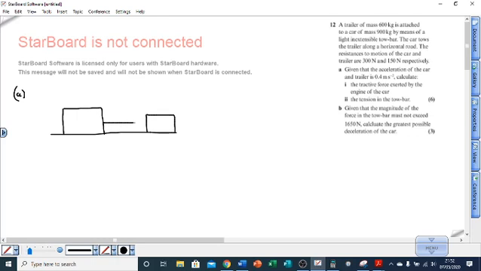So there it is, horizontal, and at the moment you've got a tension pulling that and resisting that there, both the same T throughout. You've got a resistive force here of 150 newtons and a resistive frictional force there of 300 newtons.